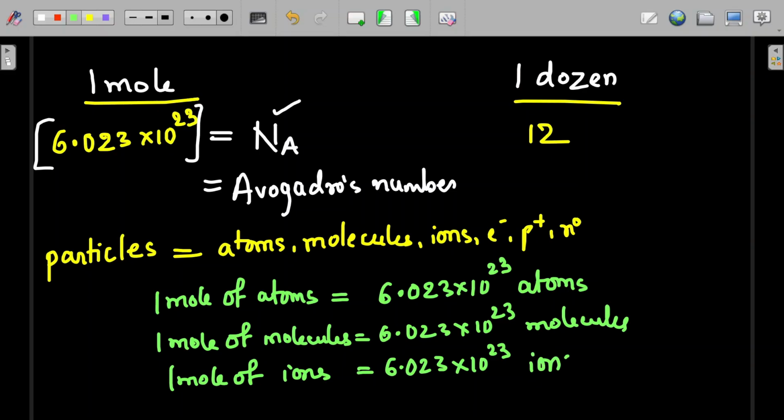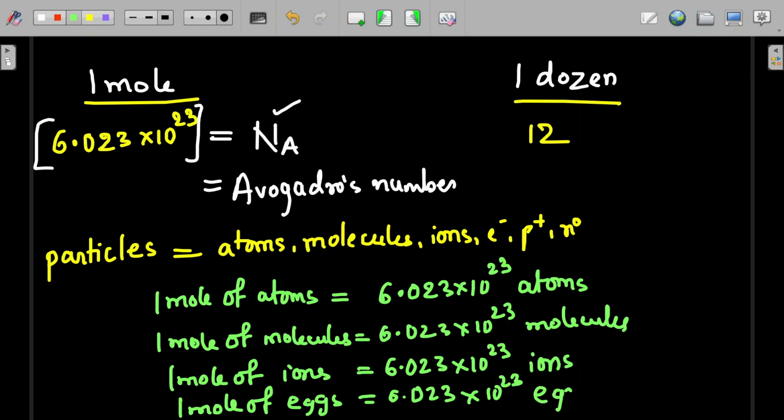Right. Danish, tell me 1 mole of eggs. 6.023 into 10 power 23 eggs. Yes. Okay, so it is just like a dozen.